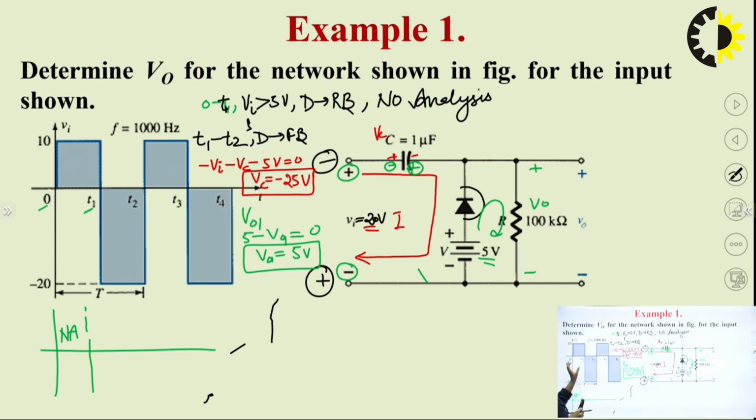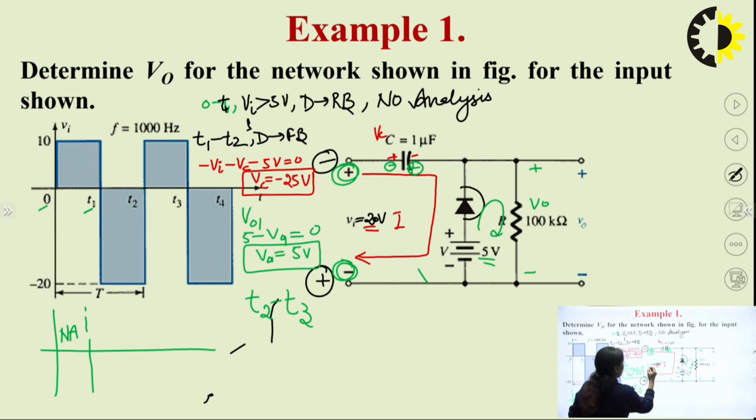Because 0 to T1 there is no analysis, it is necessary that we should do the analysis for the next positive half cycle, that is T2 to T3. So, for that reason I am starting our analysis for the next positive half cycle, T2 to T3. Again in T2 to T3, this terminal will be positive and this will be at negative potential.